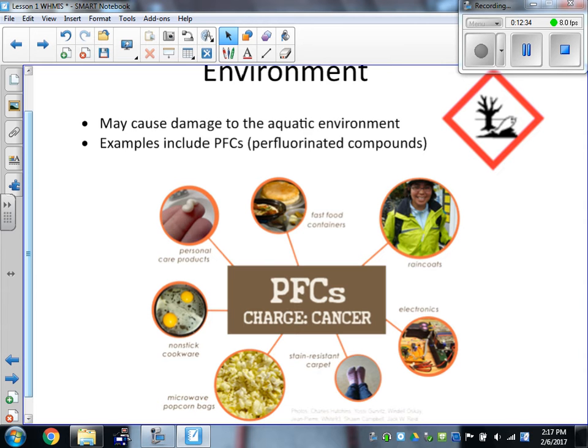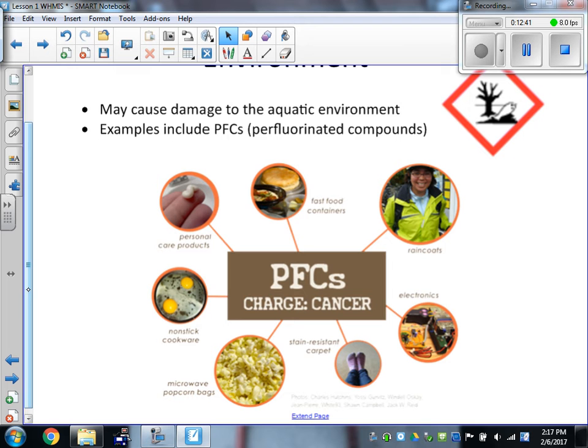Examples include PFCs, which are perfluorinated compounds, and you would get those from things like personal care products, fast food containers, raincoats, electronics, stain-resistant carpet, non-stick cookware, and microwave popcorn bags. So PFCs are that coating. A lot of the pans now don't have that anymore, but Teflon is an example of that.